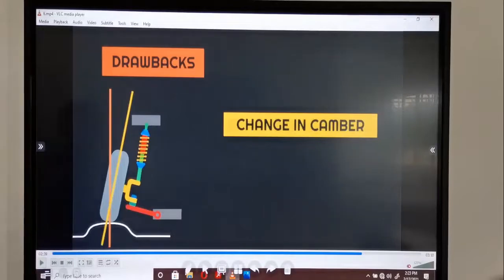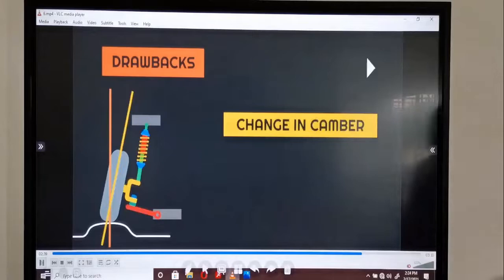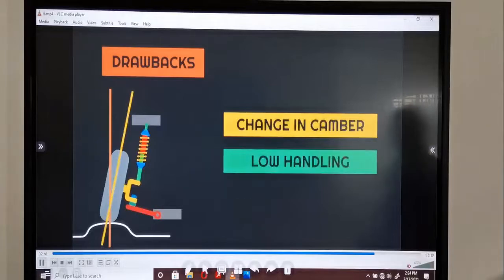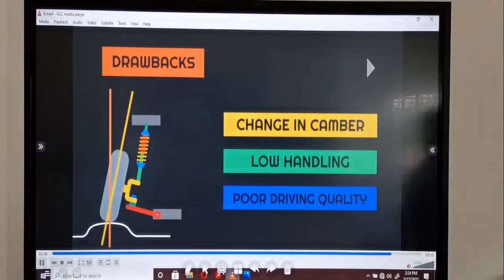So this camber angle is higher than in the Wishbone type suspension. Compared with the Wishbone type, this has lower handling and driving quality.